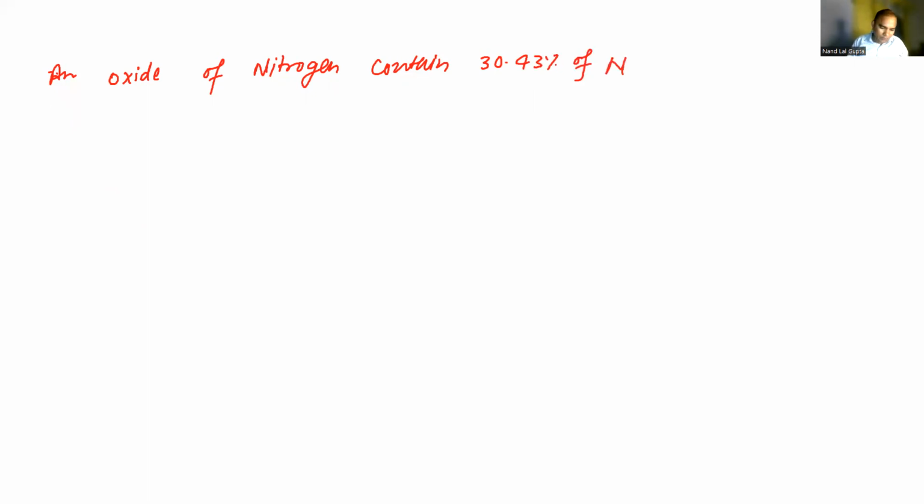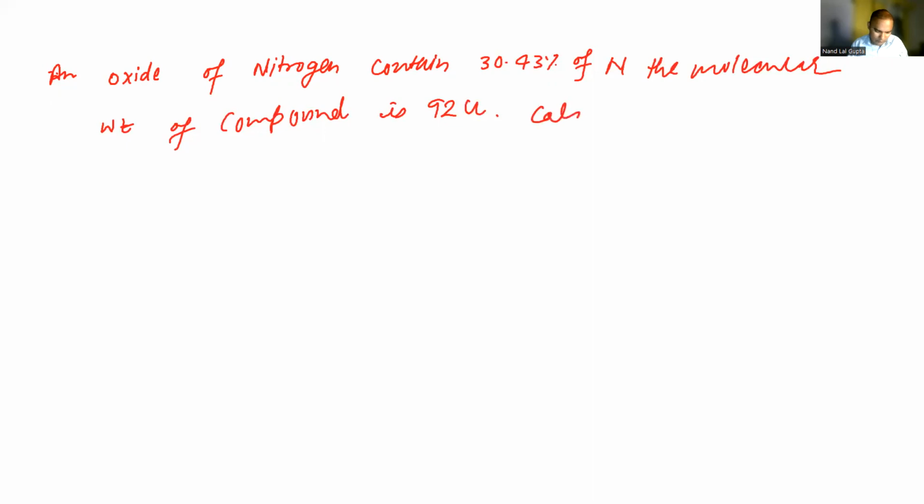They are saying the molecular weight of the compound is 92, not the nitrogen, the molecular weight of the compound. This will be used for the molecular formula. The molecular weight of the compound is 92 unified mass U. Calculate its empirical and molecular formula.